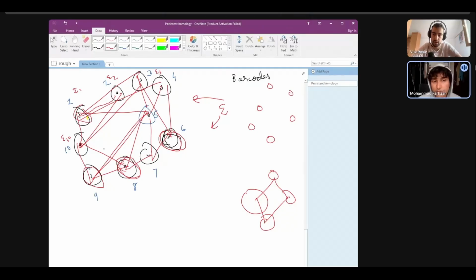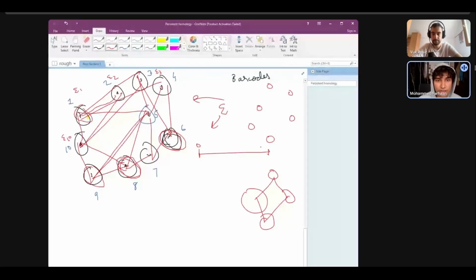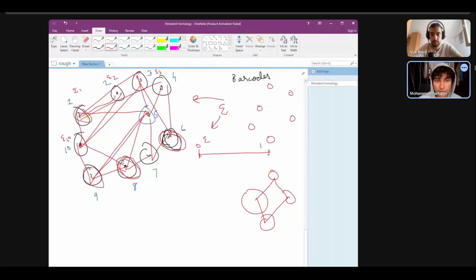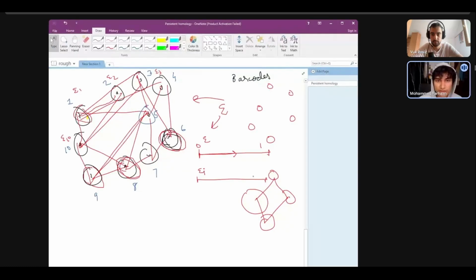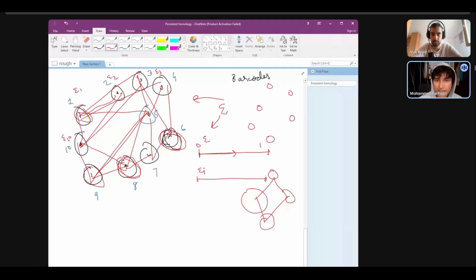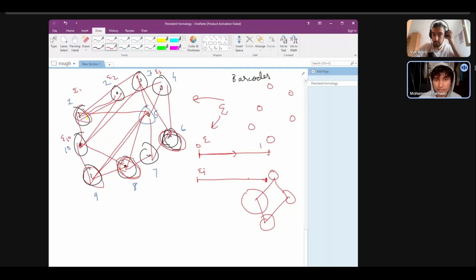I'm going to start with a fully connected thing. And instead of epsilon going from 0 to 1 and increasing in this direction, this time I want epsilon i for all the different points to start at a distance that works for it, and I want it to decrease slowly.